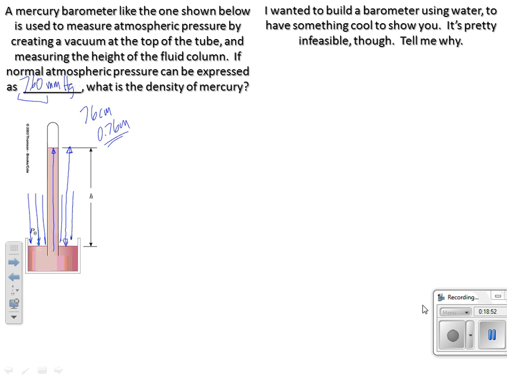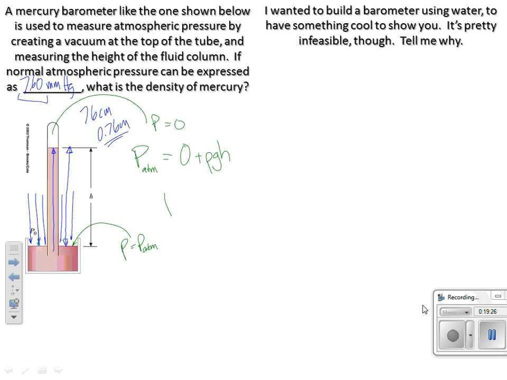Now remember what we said about a barometer. We said that here pressure is 0. Here pressure is P atmospheric. So we can write an expression for our pressure at a depth: P below is P above, which is nothing, I'll just write 0, plus rho g h.